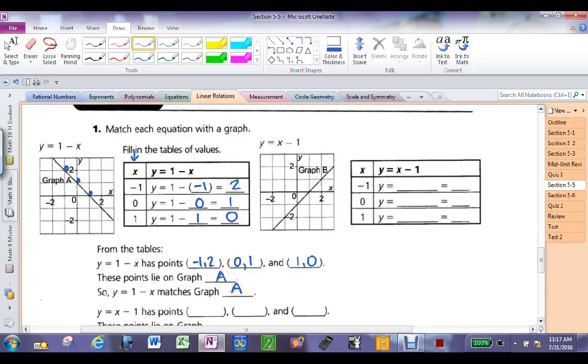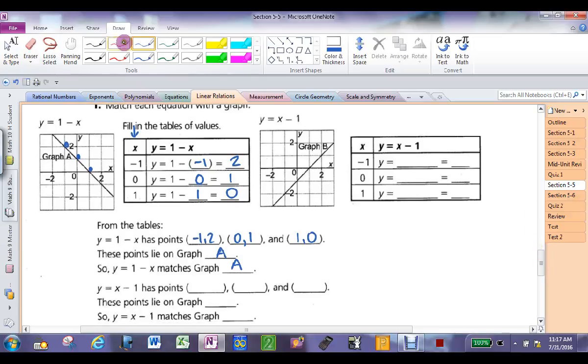Right? Which means this equation must match graph B, correct? Yeah. Are we allowed to say that in math class? No. No, we have to prove it. So, what do we got? Y equals, what goes in for x? Negative 1 minus 1. What's that? Negative 2. 0 minus 1. What's that? Negative 1. 1 minus 1.